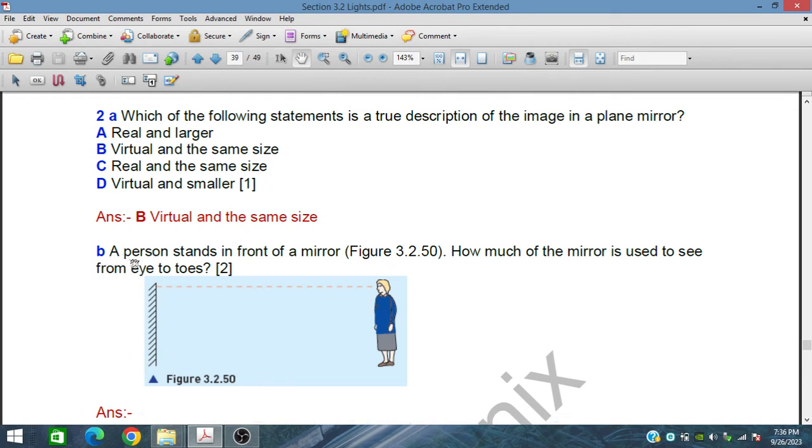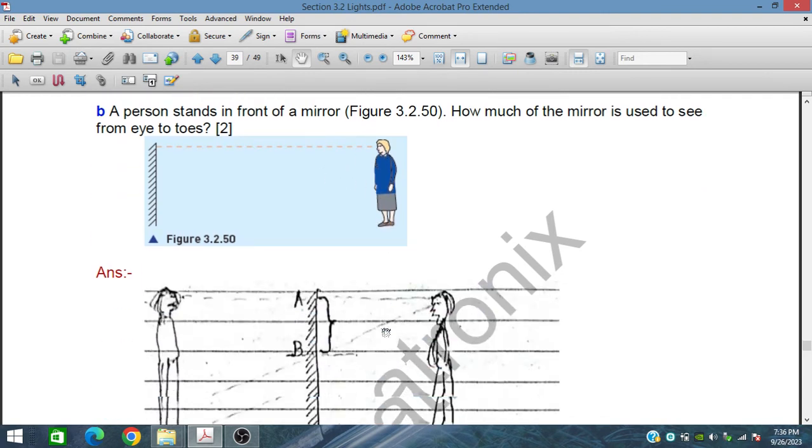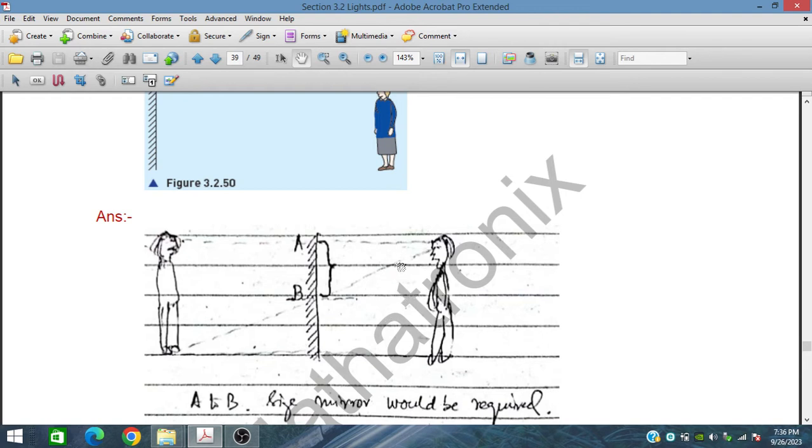In part B, a person stands in front of a mirror. In this figure, how much of the mirror is used to see from eye to toe? We have to see how much size is required to view from top to toe. His image will be at the same distance behind the mirror.